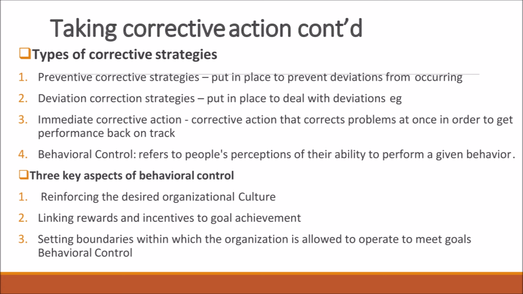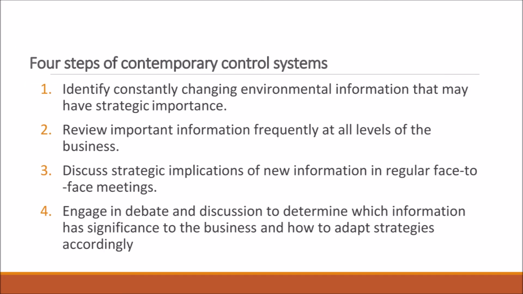Now, researchers have seen that control system cannot be cast in stone, okay, because of the fluid environment we work in. So, what are some of the things that you need to be looking at? One, you need to identify constantly changing environmental information that may have strategic importance.